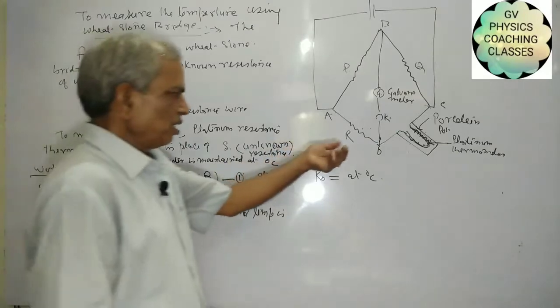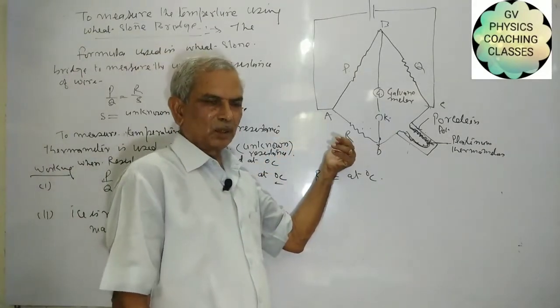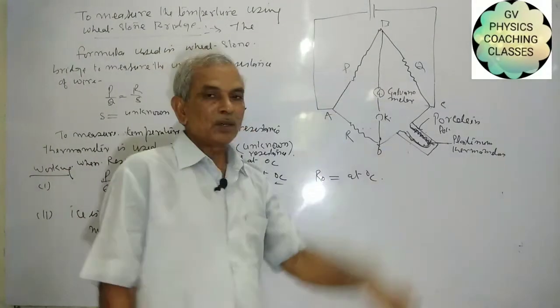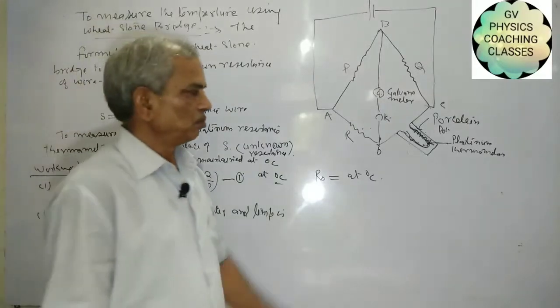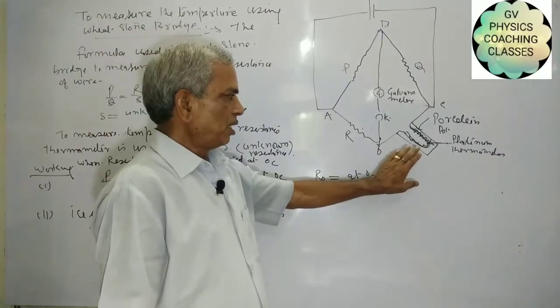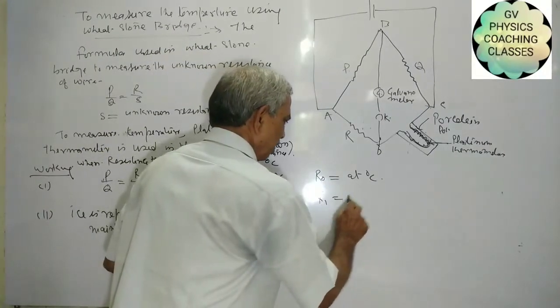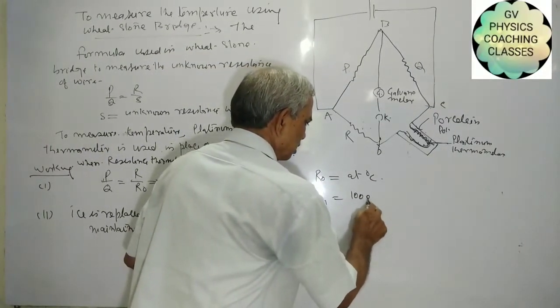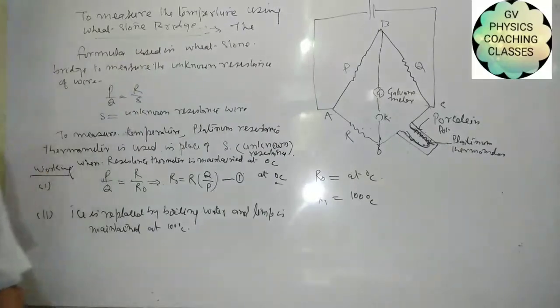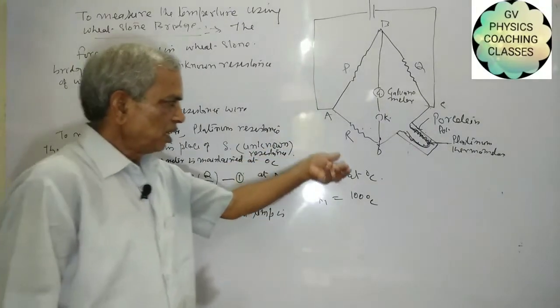Then we again change R to get the zero current. The resistance at 100 degrees Celsius we consider R100, and the adjusted resistance is R1.